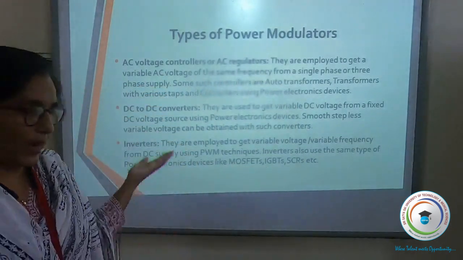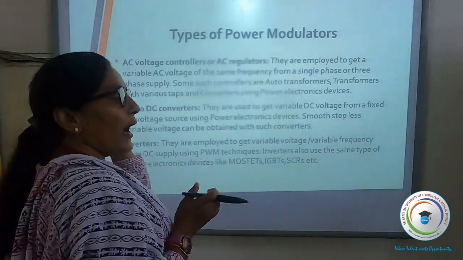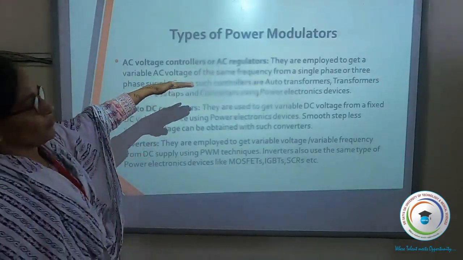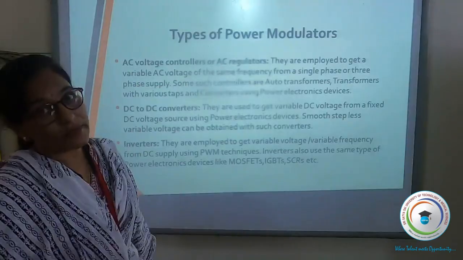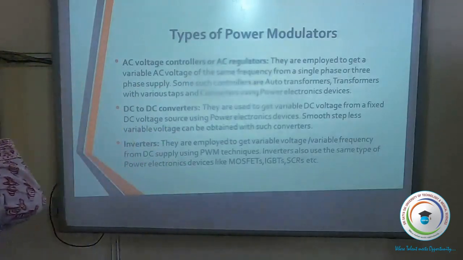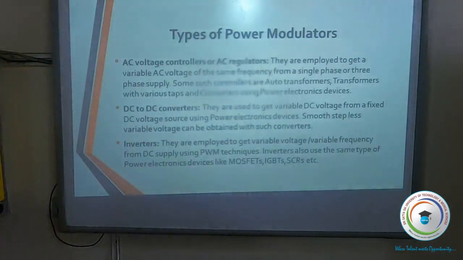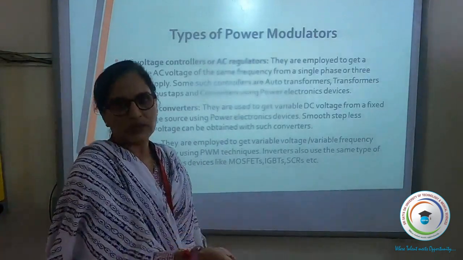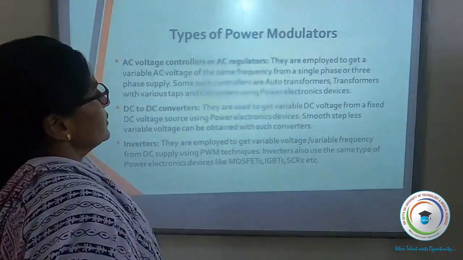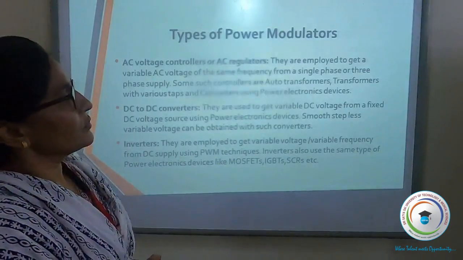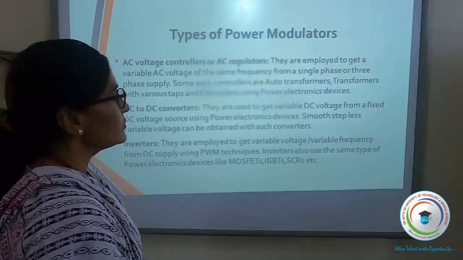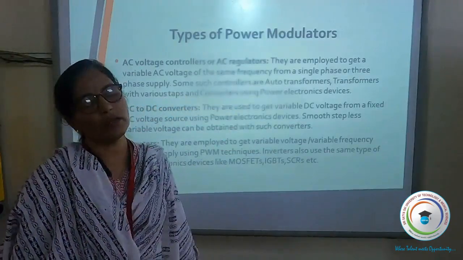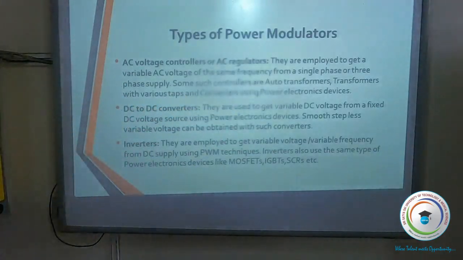The supply is either single phase or three phase, and we are getting a voltage of the same frequency. So the frequency is the same but the voltage is changing. Examples are the auto transformer, and the transformer with various taps, and converters for use in various power electronic devices.